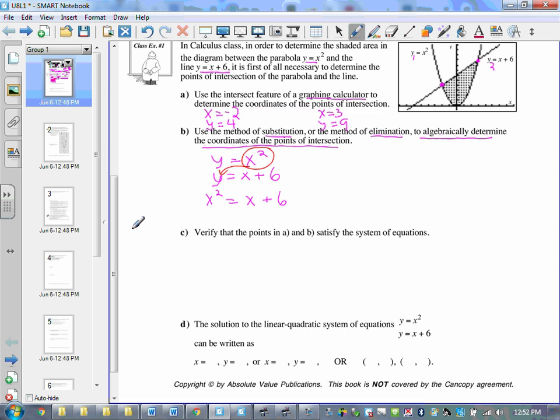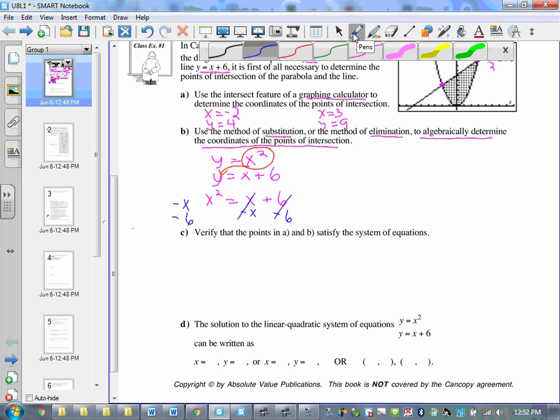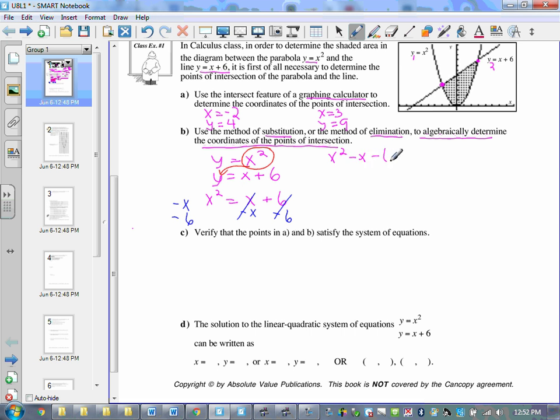So I would be more inclined to subtract x over to both sides and subtract the 6. Is that part okay? So we'll have x squared minus x minus 6 equals 0.